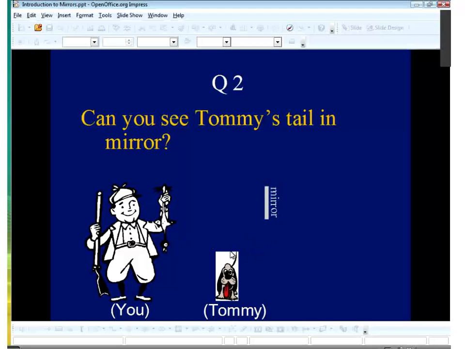Of course, directly the person can see Tommy's tail directly. We are not talking about the ability to see it directly, but the ability to see the reflected thing. So when you consider this ray, well, that is very wide, this wide.